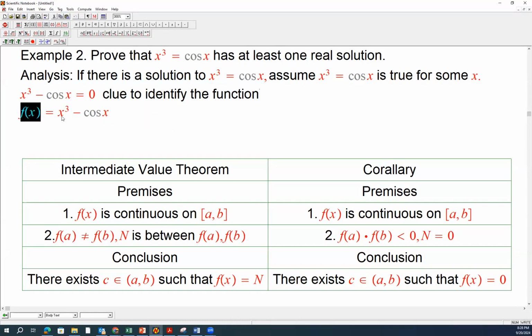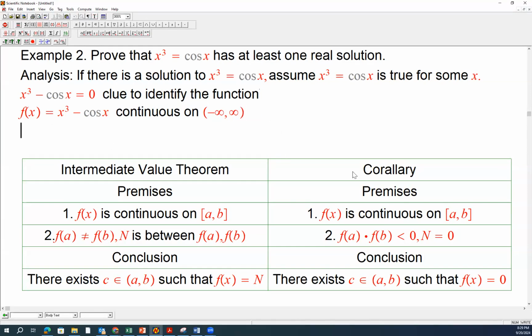And what else do we need to identify? It looks like we have a polynomial and a trig function, they're continuous, so this function is continuous on the entire number line. And of course, it will be continuous on any closed interval that we find. So continuity is not a problem.